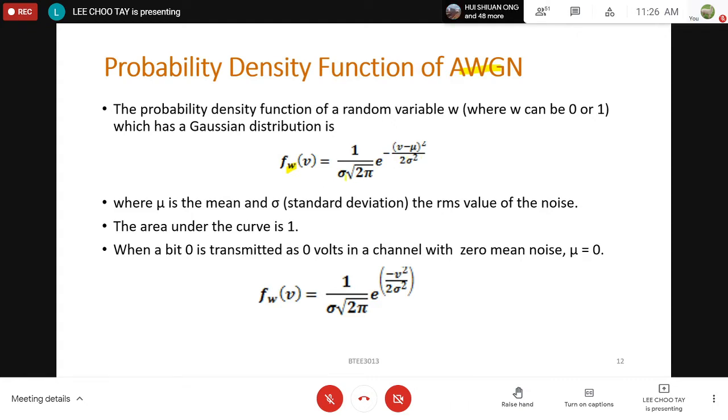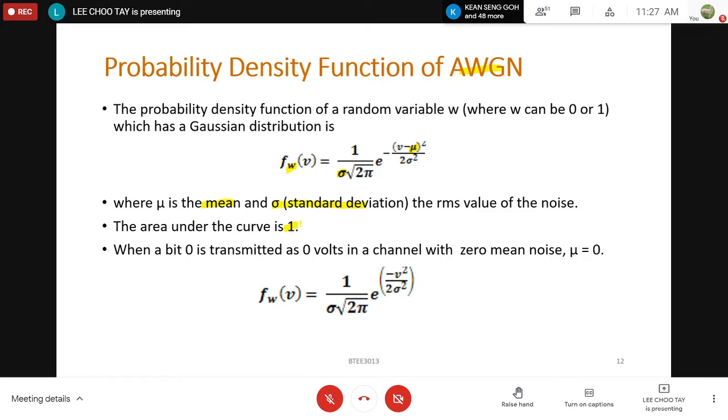This is the probability density function equation for a random variable W with a Gaussian distribution. In this equation, mu is the mean value, and sigma is the standard deviation, or the RMS value of the noise. And the area under this Gaussian distribution curve is always 1. I believe you learned this as well from the maths.